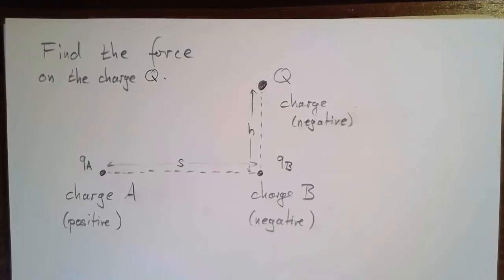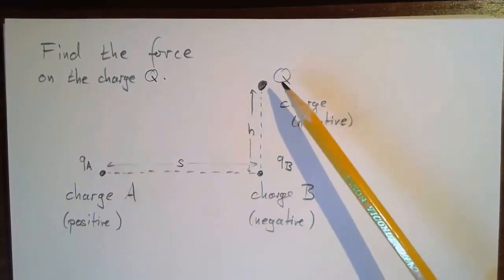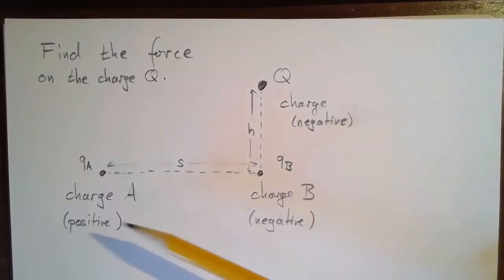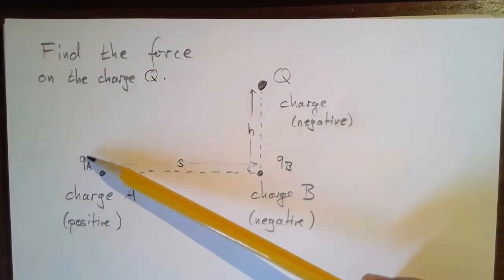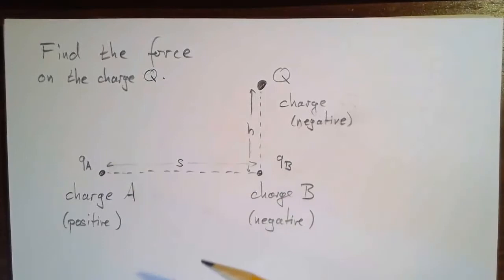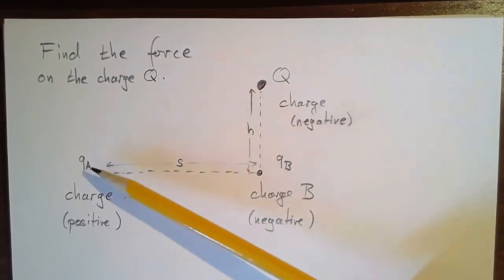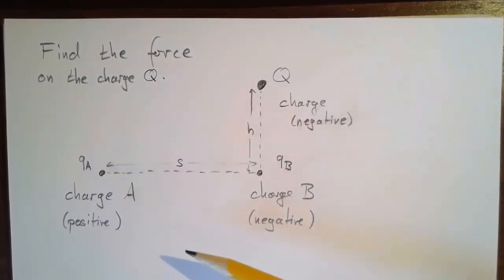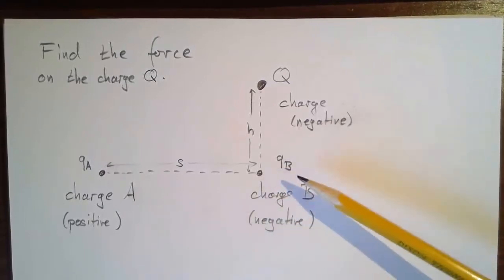Let's look at this example here. I imagine I've got three charges, charge A, charge B, and then this other charge, I'm just going to call it Q. This one has a charge, little QA. I'm not going to use specific values, right? You can imagine maybe it's 3 nanocoulombs, something like that. And this one is negative.